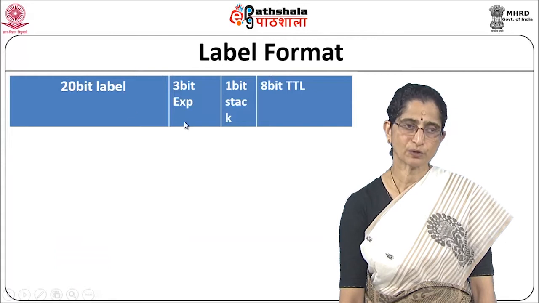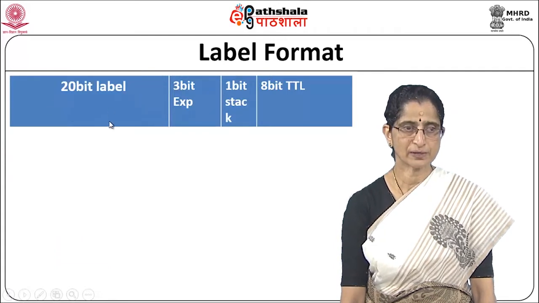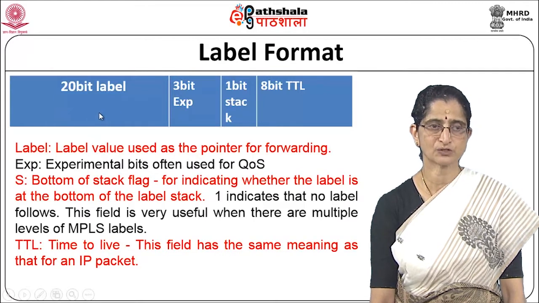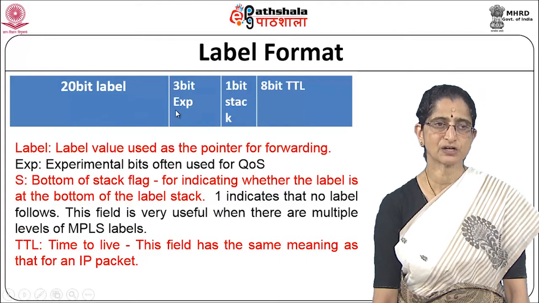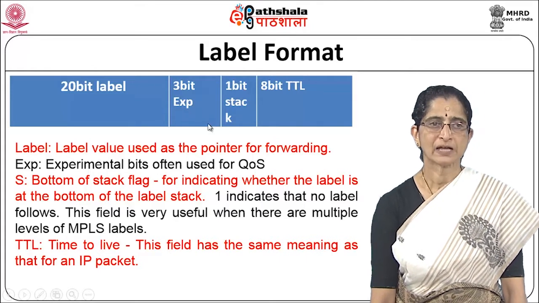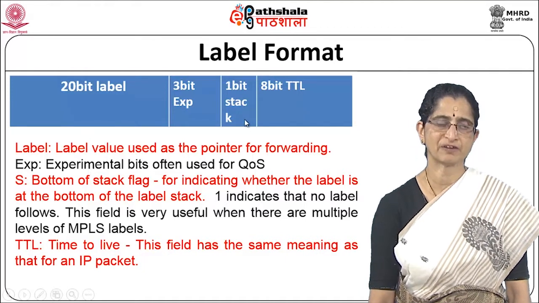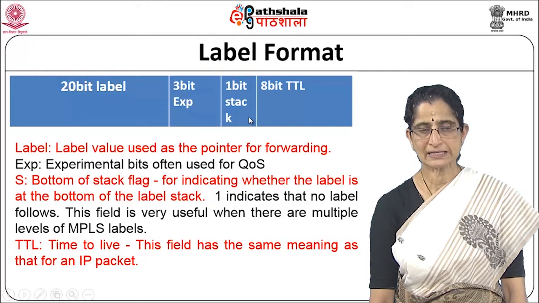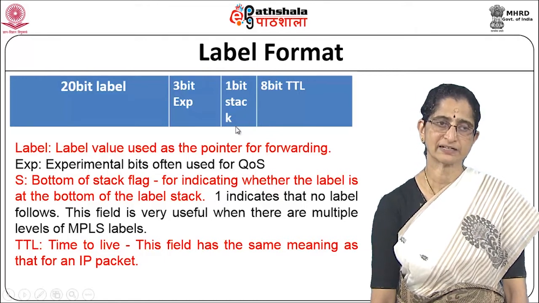Okay. So if you look at the label a little deeper, you will see that it has a 20-bit label field, that label value which is actually used as the pointer for forwarding. Plus there are 3 bits which are used for experimental purposes, often this is used for quality of service purposes. And then there is something called a 1-bit stack field, a bottom of stack flag. So what this basically indicates is that you can actually have multiple labels attached to a particular packet.